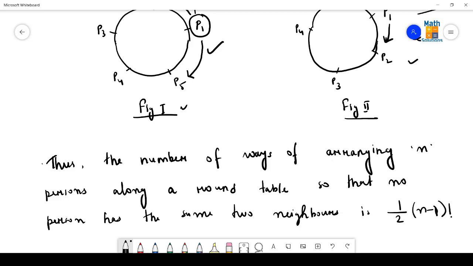So this is the formula for finding out the total number of ways of arranging n persons so that no person has the same two neighbors. So this is the formula here.